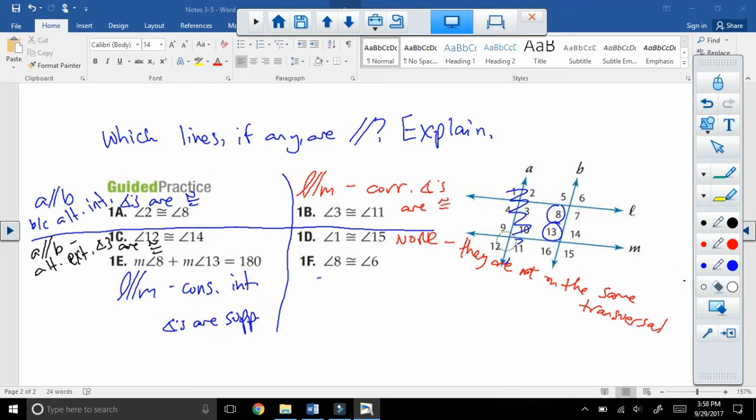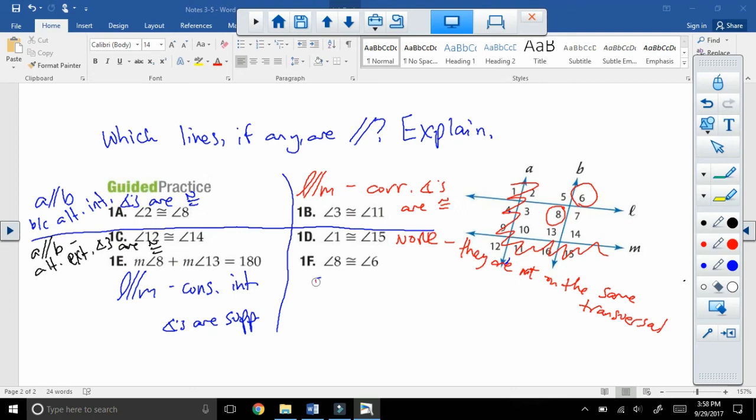And then for the last one, I have angle 8 is congruent to angle 6. I could cover up two different parts of this picture, and it wouldn't make any difference. These are vertical angles, and vertical angles are congruent whether or not you have parallel lines.